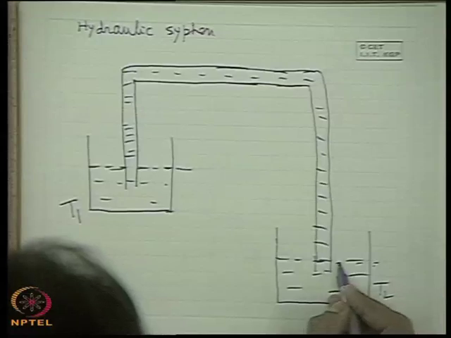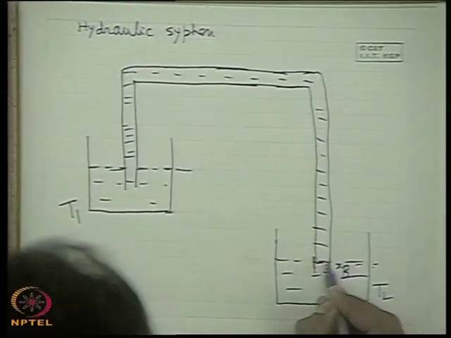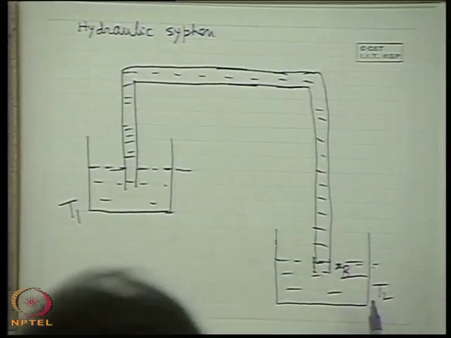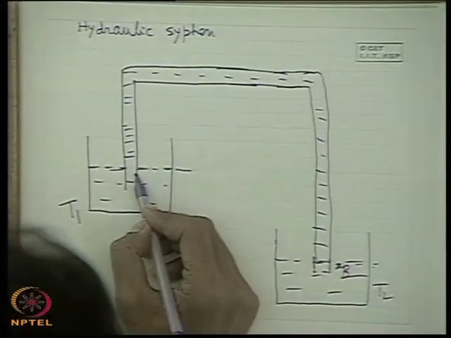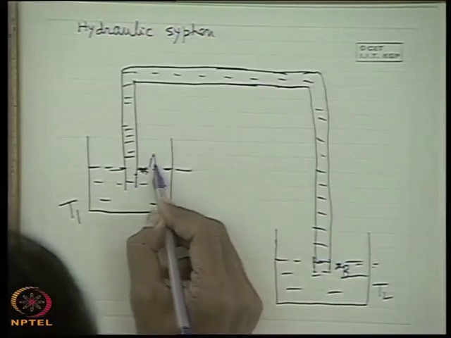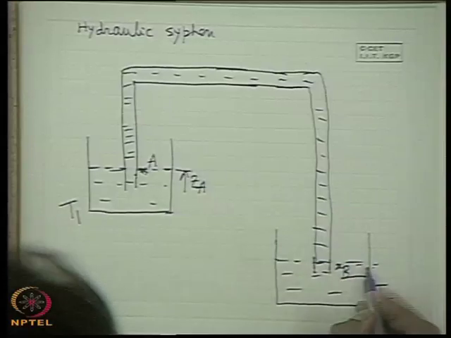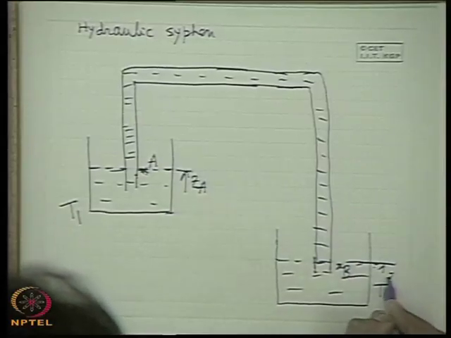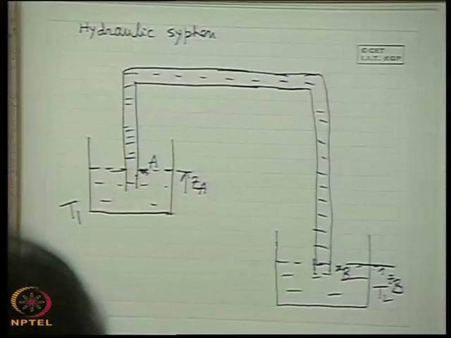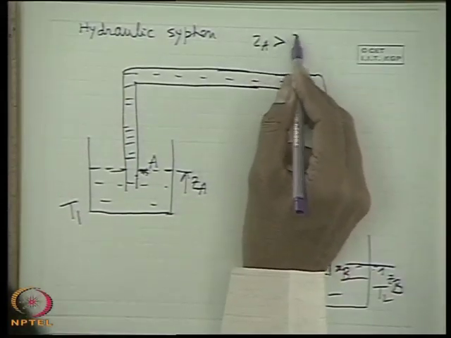Let this point be B, where it is discharging, and let this point be A, the free surface. A has an elevation ZA, B has an elevation ZB. ZA is greater than ZB, obviously, as shown in the figure.